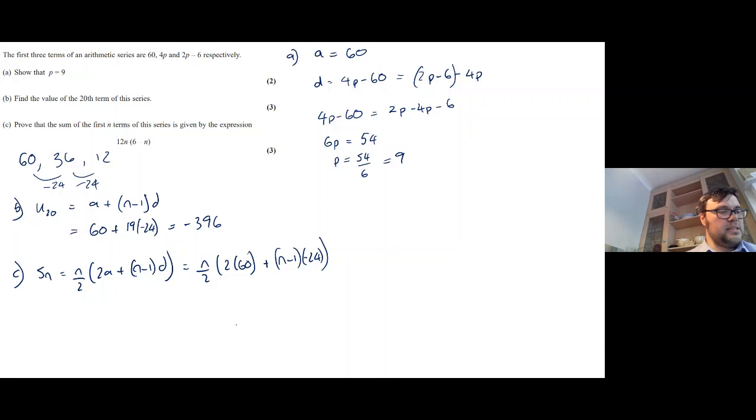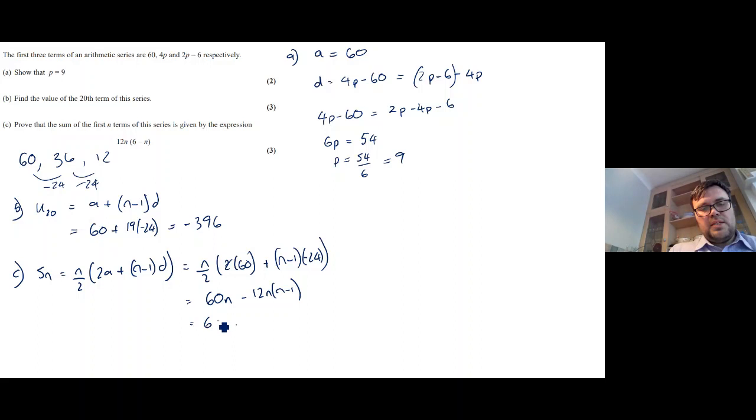If we expand this, the 2 into here is going to cancel, and then it's just going to be left with 60n. Here, the 2 will cancel with the minus 24, so this is going to be minus 12 times n minus 1.